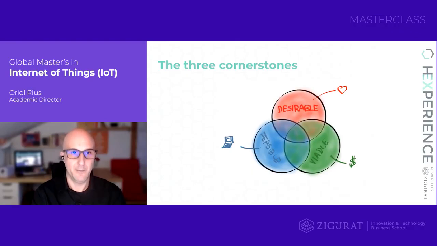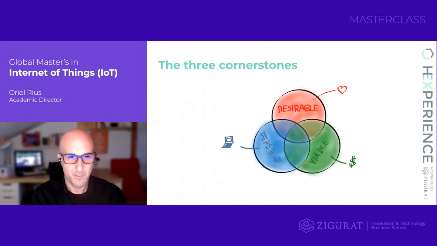Thirdly, and last but not least, it has to be viable. It has to be viable economically speaking. So we are talking about projects, products, or companies, but the way those companies, projects, or products capture the value of the market is thanks to the money.